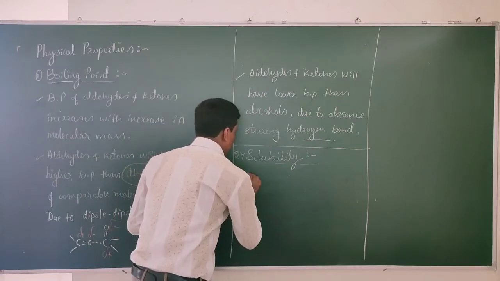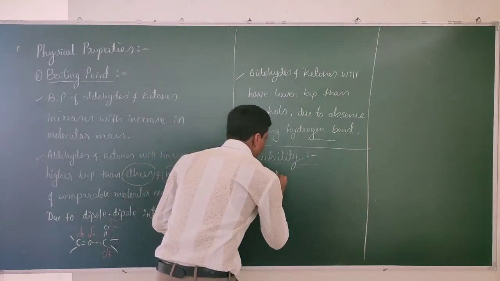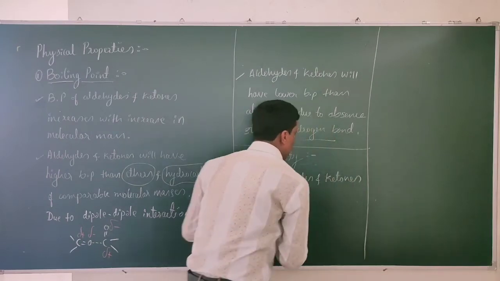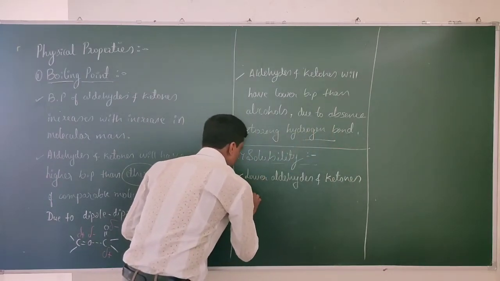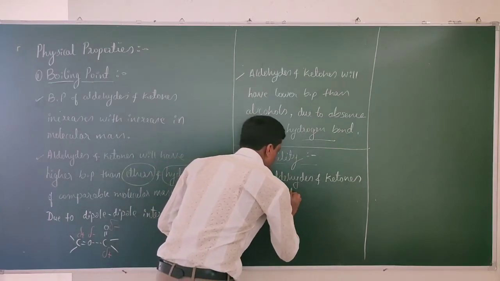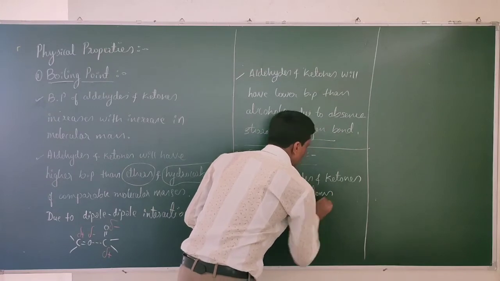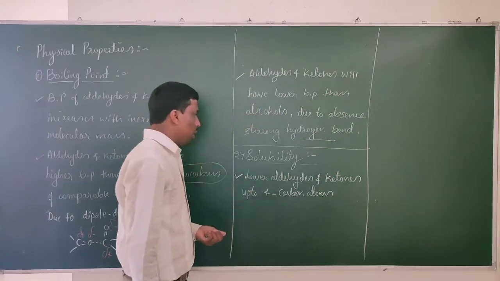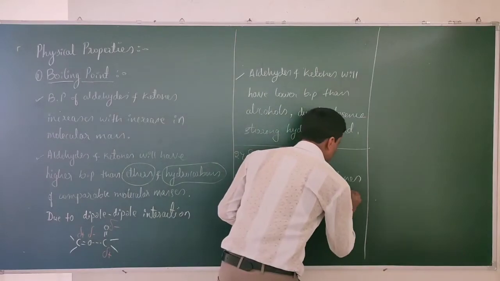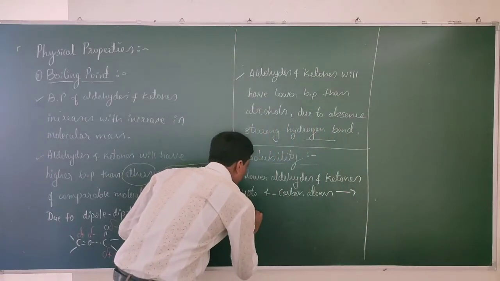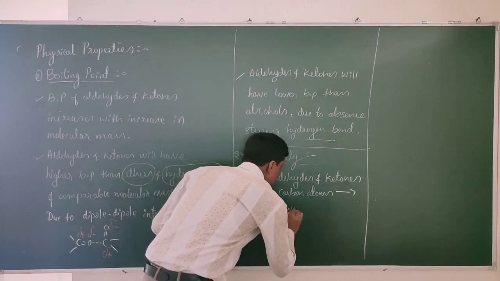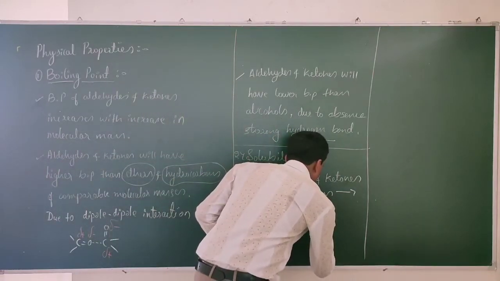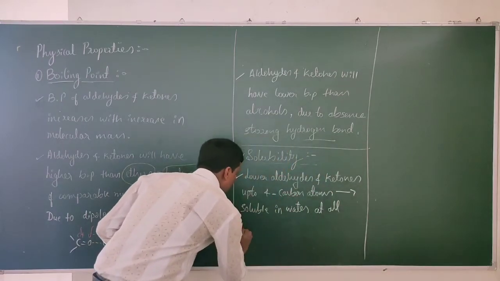First point, lower aldehydes and ketones up to 4 carbon atoms. ಅಂದ್ರೆ ಏನು 4 ಕಾರ್ಬನ್ ಆಟಮ್ಗಳು ಇರತಕ್ಕಂತ aldehydes ಅಥವಾ ketones. Lower aldehydes and ketones up to 4 carbon atoms are soluble in water or miscible in water. Miscible ಅಂತಂದ್ರೆ soluble ಅಂತ ಅರ್ಥ. Okay, miscible in water at all proportions.